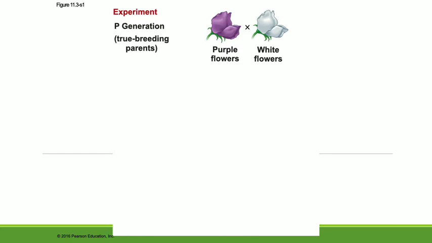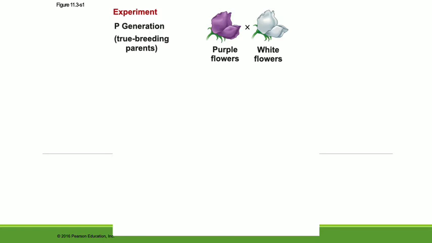He did both ways. Then those flower petals fell off and the female part of the flower developed into a pea pod, and he saved those seeds and then he planted those seeds. So the seeds from this cross were planted in the ground.